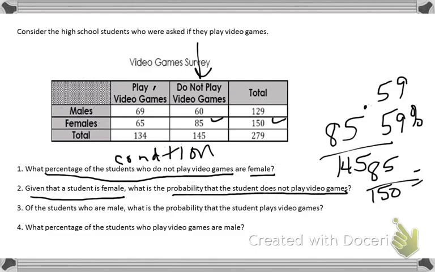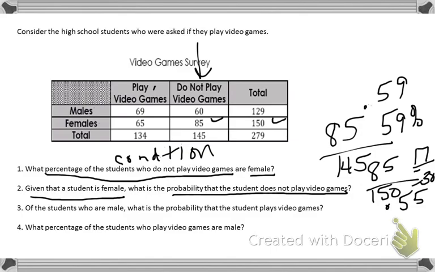So 85 divided by 150, and then math enter is 17 out of 30. So it could be left that way. Or 85 out of 150 is 0.55. That is your relative frequency.